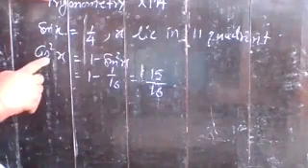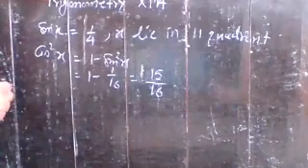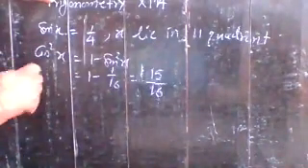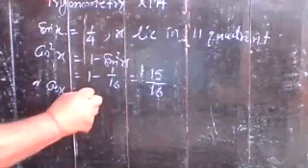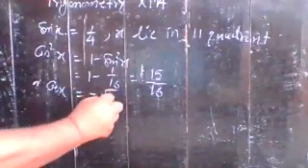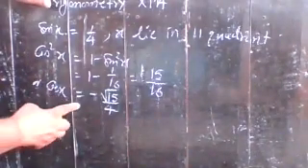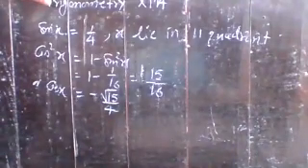Which value of cos is taken, positive or negative? Negative, because x is in the second quadrant, and in the second quadrant cos is negative. So cos x is equal to minus root 15 by 4.